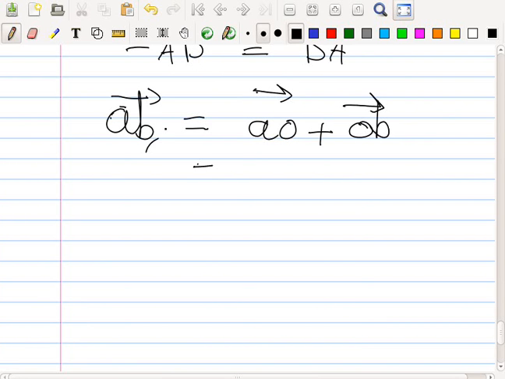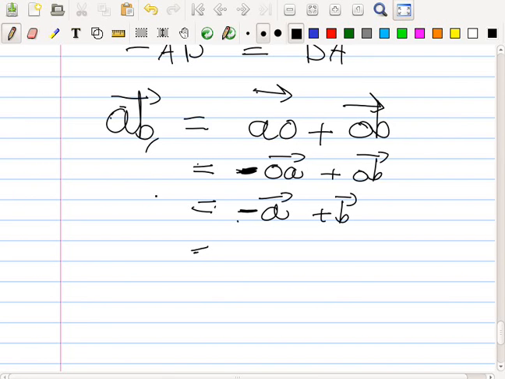Now using the rule I just showed you, I can say AO equals minus OA. But remember I said if there's an O in front, you don't need to write it, so this can be written more shortly as minus A plus B, or cleaning it up, B minus A. So this is also called triangular rule or triangular law, but it's the more common version of it.